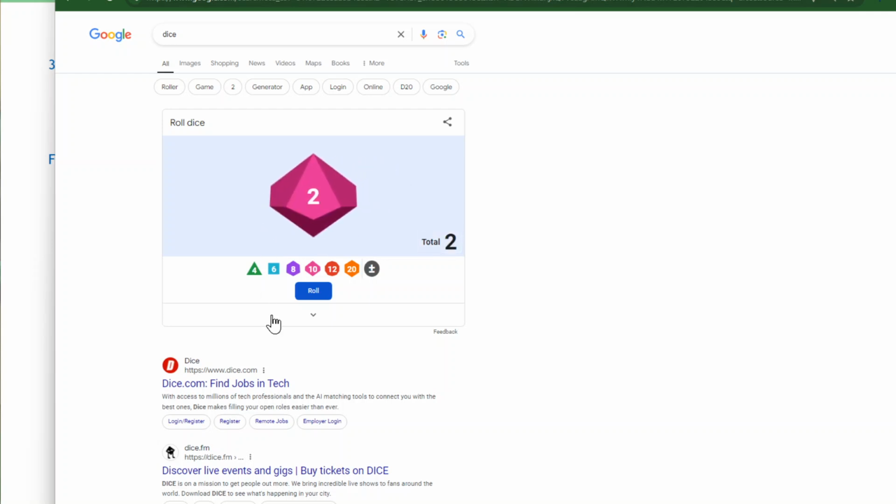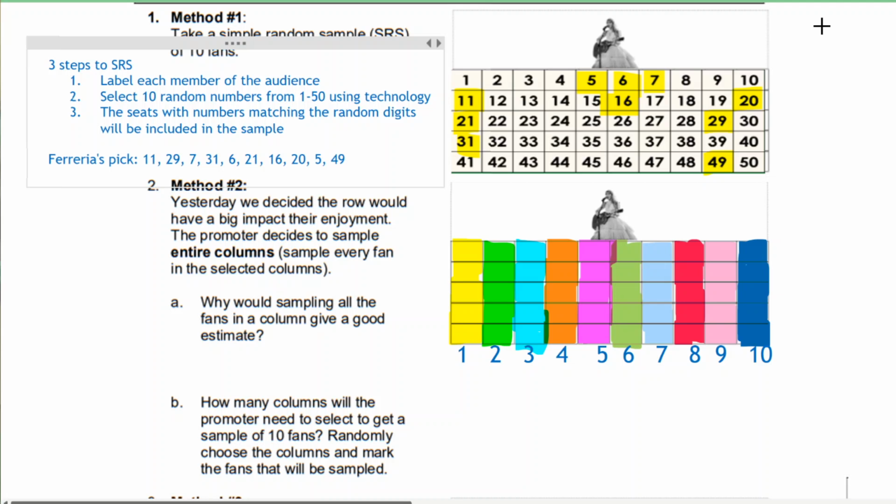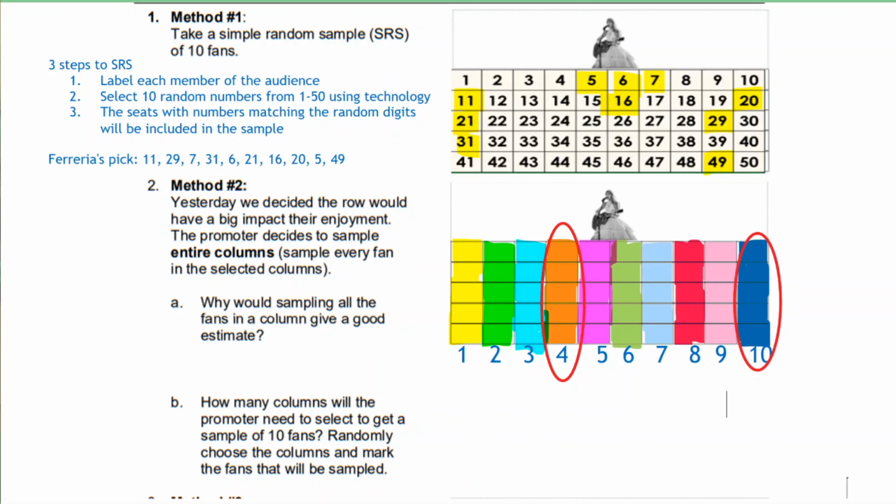If you're playing Dungeons and Dragons, I'm sure you know a 10-sided die does exist. We're going to roll that 10-sided die, and then we're going to get number 4, and then we're going to get number 10. Let's circle number 4 and 10. So now everybody sitting in either an orange seat or a blue seat is going to be in our sample.